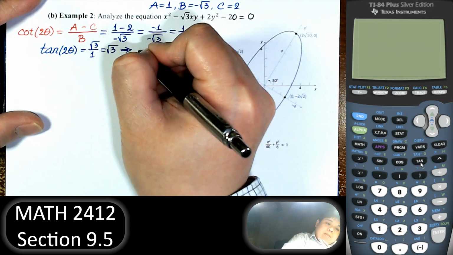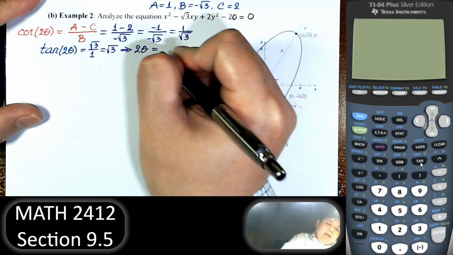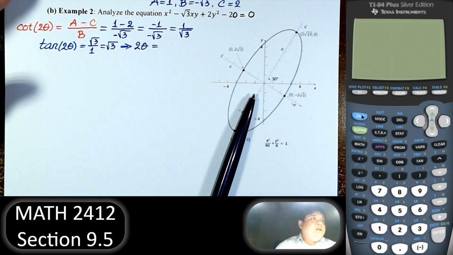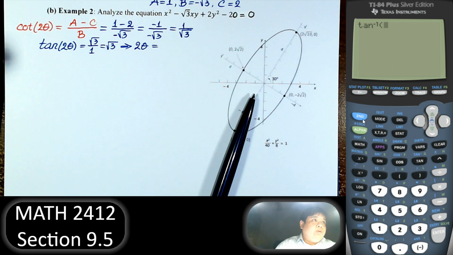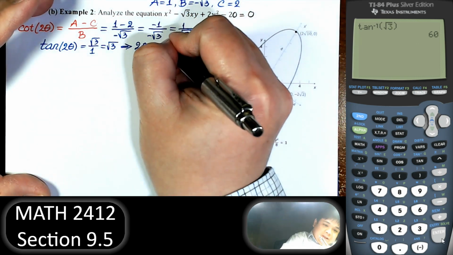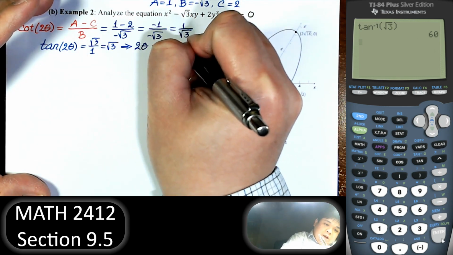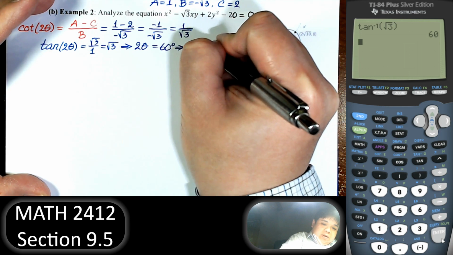And then to get back to the angle, we find the tangent inverse. Make sure that it is in degree mode. Yep, tangent inverse of square root of 3 will be 60 degrees. So the angle theta is going to be 30 degrees.